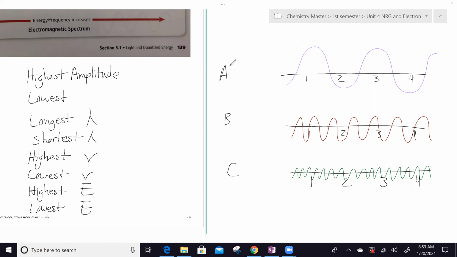I'll do C. That's the highest. Highest what? You can tell me an answer for any one of these. These are the questions, kind of. So which one do you want to do? Do you want to do highest or lowest something? Oh, okay.